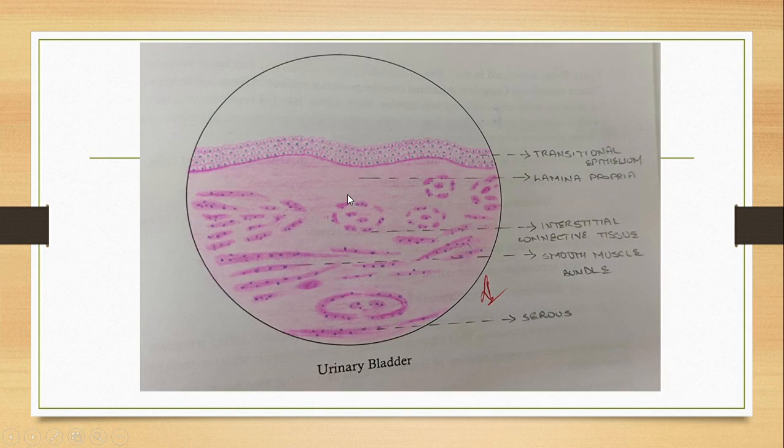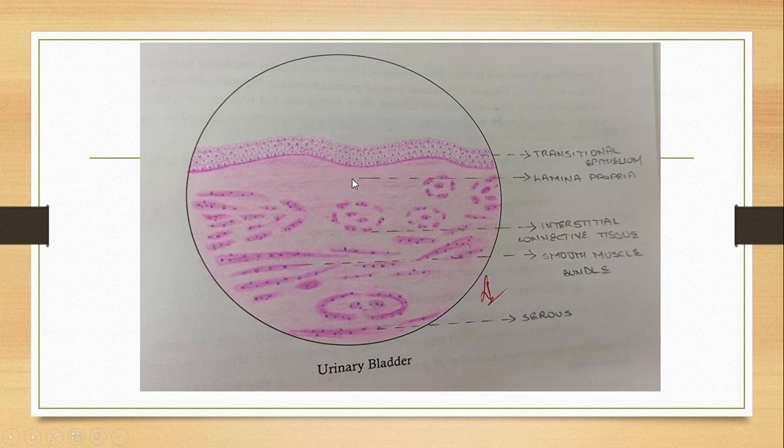Then the urinary bladder. The urinary bladder can also be divided into three layers. The innermost layer, towards the lumen, is the transitional epithelium, which rests over the lamina propria; together they comprise the mucosa.